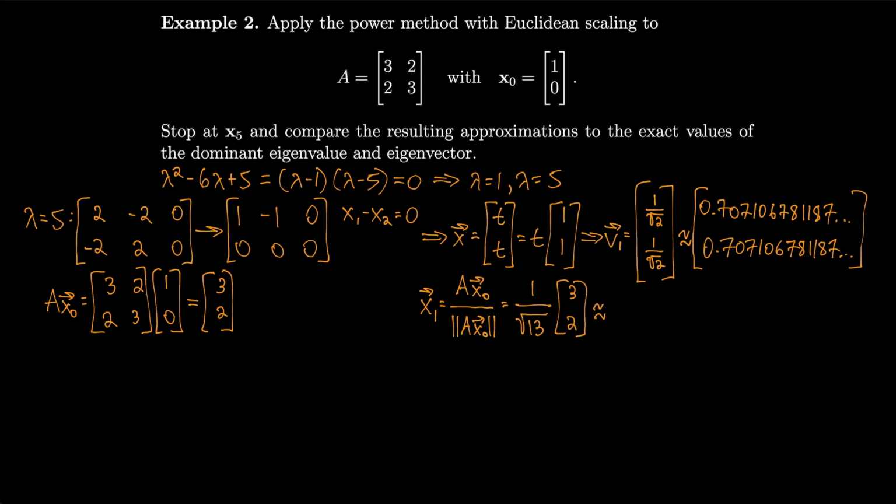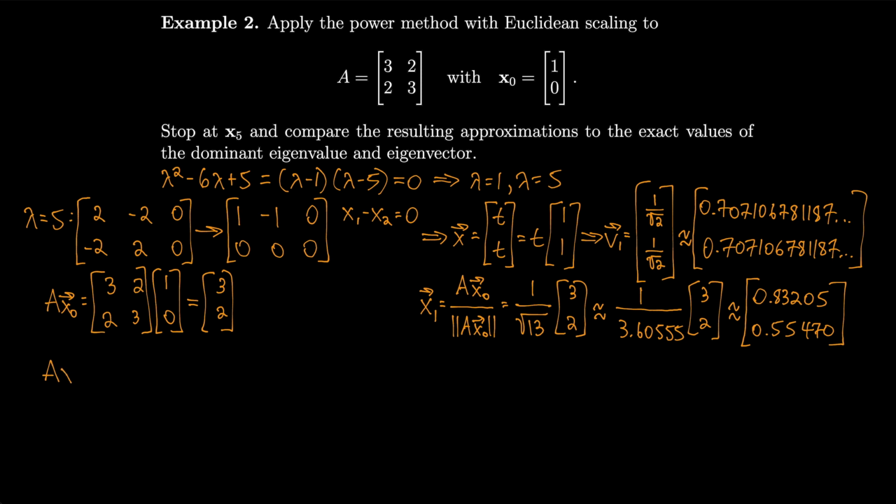So that's approximately 1 over 3.60555 times (3, 2), which ends up being approximately (0.83205, 0.55470). So at first glance, not such a good approximation, but let's keep going and see what x2 should be.